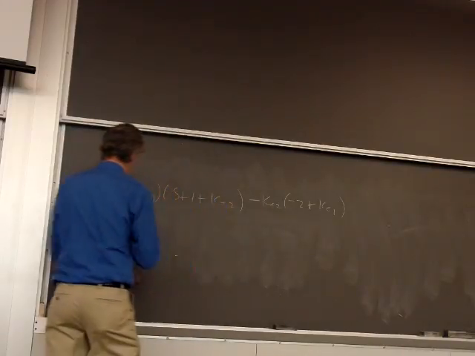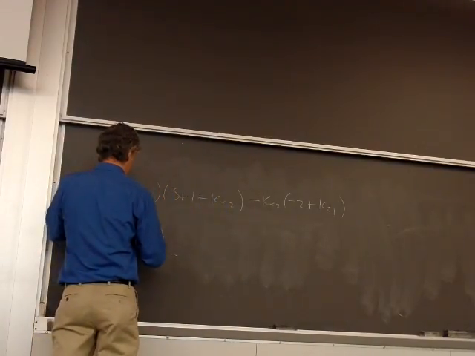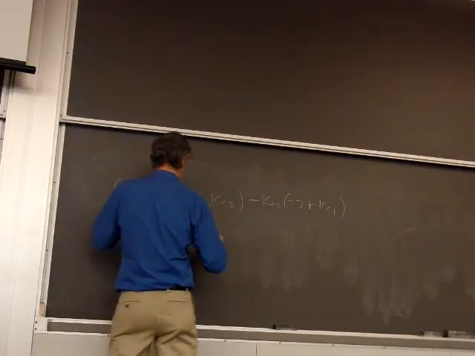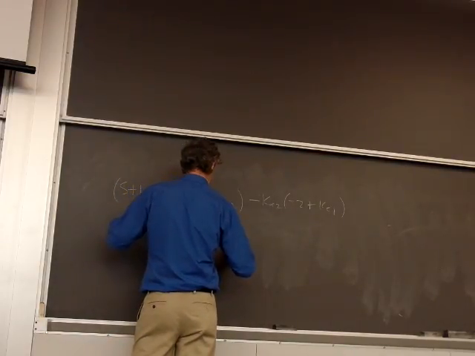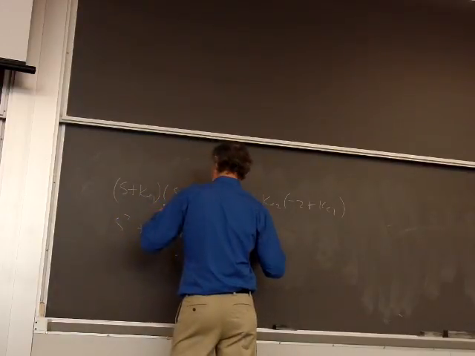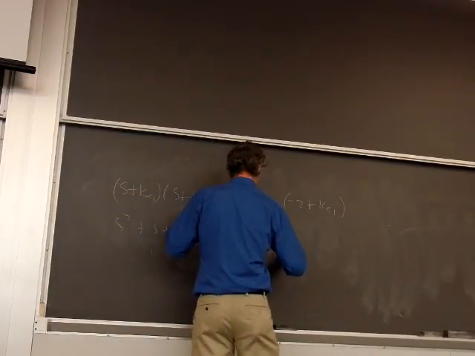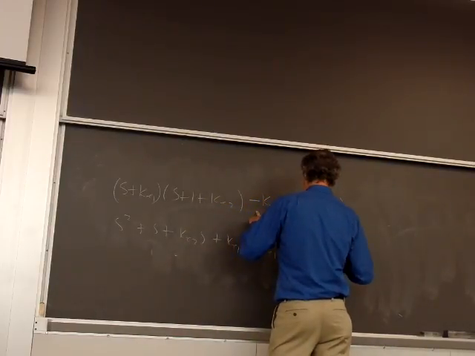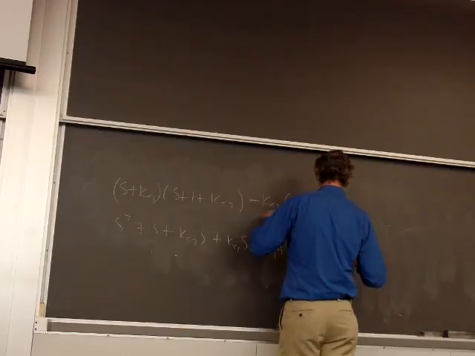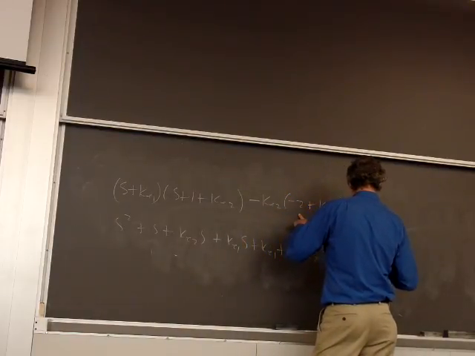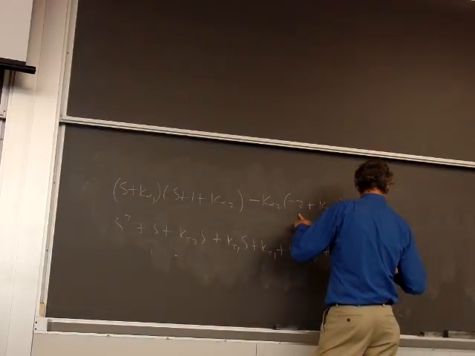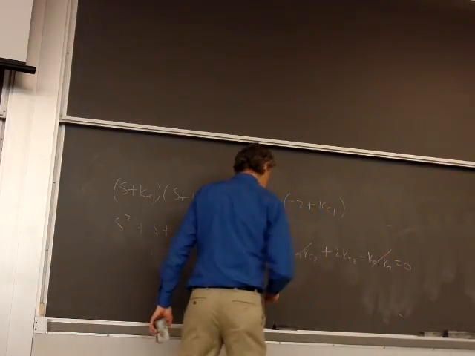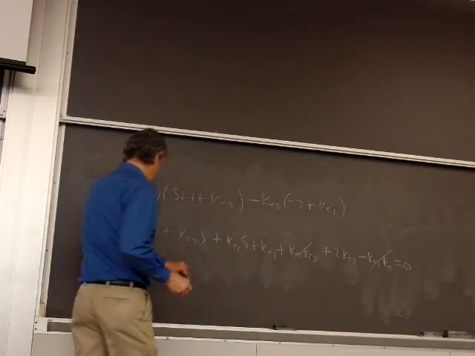S squared plus S plus KE2 S plus KE1 S plus 2KE2 minus KE1 KE2, 0. This cancels, thank you. Gather our terms.